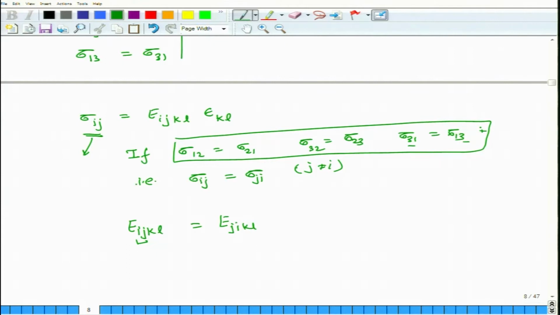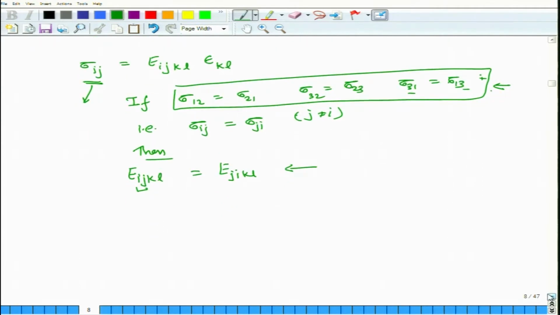So, if this is the case, then E ijkl is equal to E jikl, otherwise these equivalences will not exist, but they have to exist because of Newton's law. So, if they are true because of Newton's law, then this has to be true, because this cannot violate Newton's law.